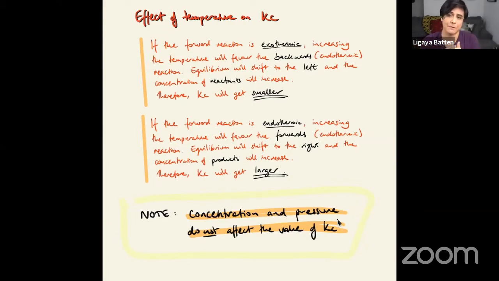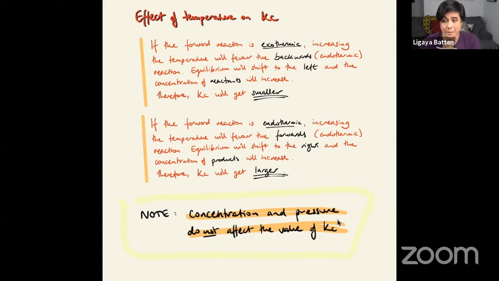And the same thing happens for pressure. If you increase the pressure, you may remember from year 12 that that's going to push the equilibrium in the direction of the fewer moles of gas. But the reason it does that is to counteract the change in pressure and re-establish a new equilibrium with the pressure counteracted, and the products and reactants will remain the same ratio in relation to each other, which means that Kc will not change.